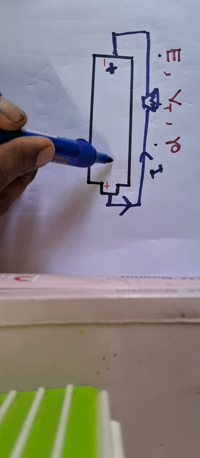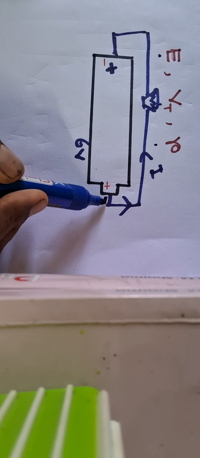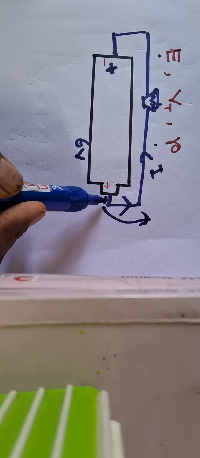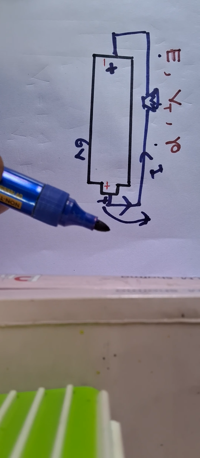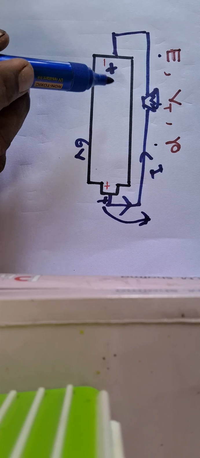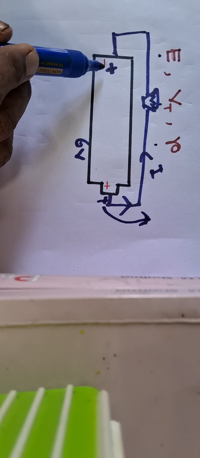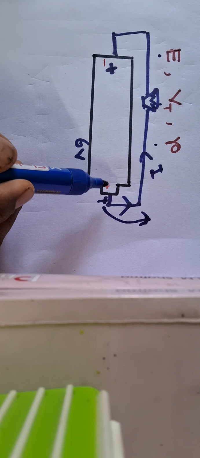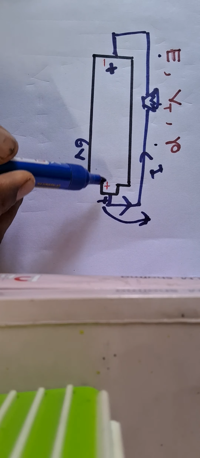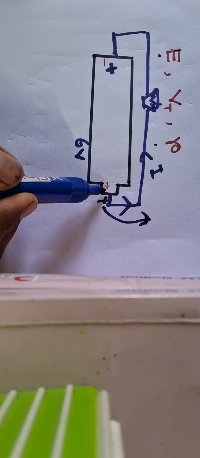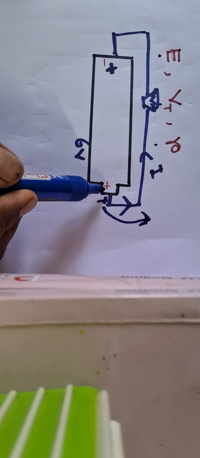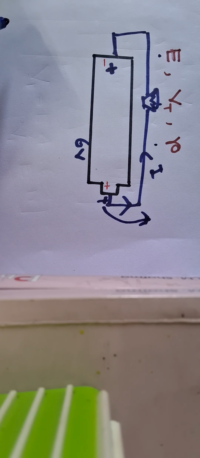Now see, in order to push the charge from this to this, the battery has to do work, because it's the positive terminal. Internally it will repel the positive charge.